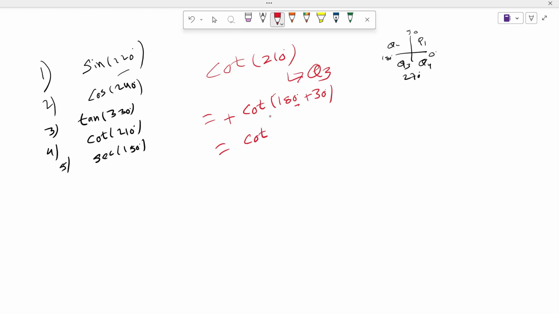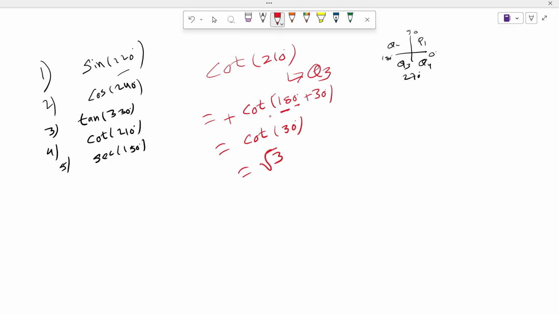Again, look at the first digit, it's a 0. Discard this 0, and then look at the next two digits. 18 is even, right? So we'll get cot as it is, and then cot 30 degrees. Now look at the trigonometric functions table. What is cot 30? It is root 3. So you will get root 3 as it is, with plus or without plus, it's a positive number.